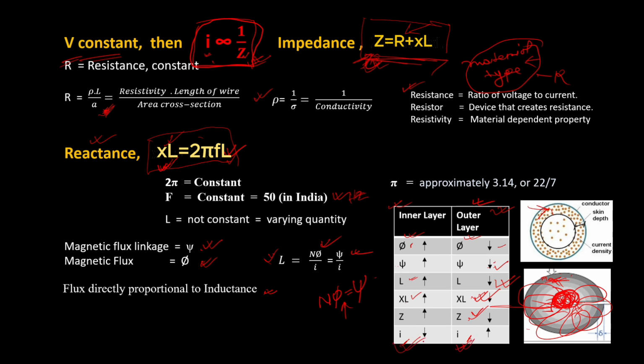Is it clear? Is it clear or not? All the equations are here. Look, for phi, n phi is equal to psi. So phi is increasing. We'll go to this table once again. If you have any doubts, we'll clear them.